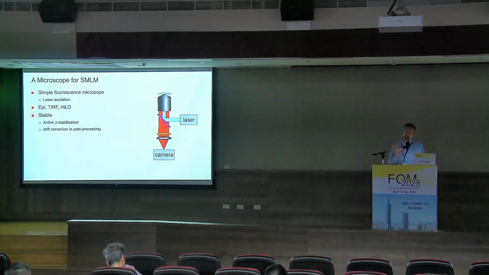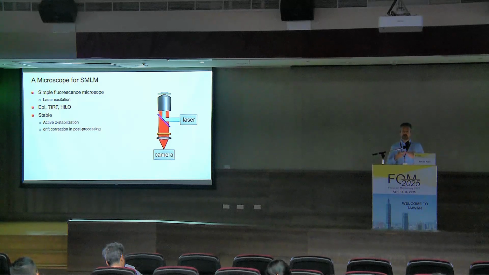But I think something that is really essential is that the microscope is very stable. Imagine we now have a resolution of a nanometer or 2-3 nanometers and measurement times of an hour. And it's really not easy to build a microscope that is stable on the nanometer scale over an hour or longer. So this is why mostly people use active Z stabilization.